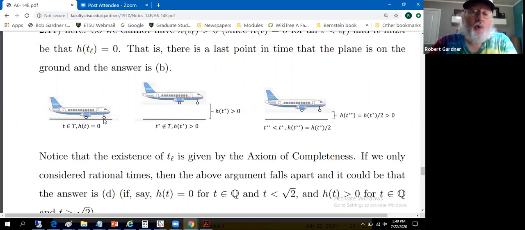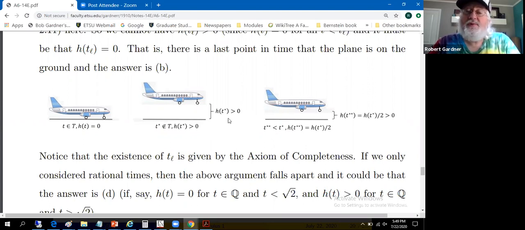And it can't just quantum jump up to a certain height. Like I said, implicit in this is an assumption of continuity of the height function. Continuity is something we'll address in chapter 2 in Calculus 1. So earlier it had to have a particular height, say half of that given height.